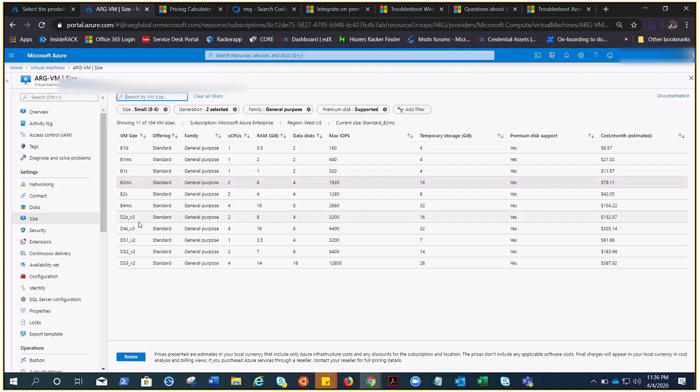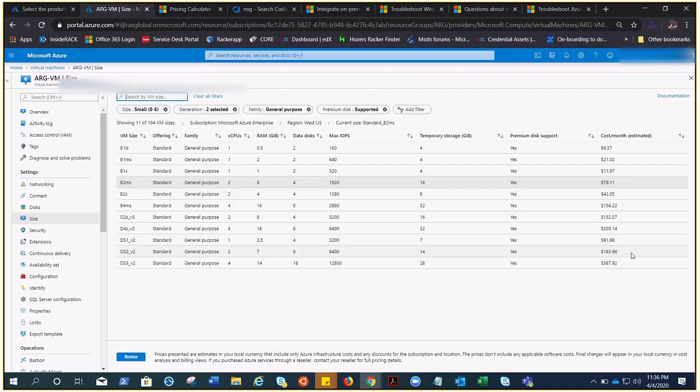Similarly, we have D2S V3 with 2 vCPU, 8 RAM, and 4 data disks, and if you talk about the cost, it's almost double. You need to think about IOPS: it's 1920 here, and for this one it's 3200. Similarly, DS2 V2 has 6400 IOPS, and the cost is higher.